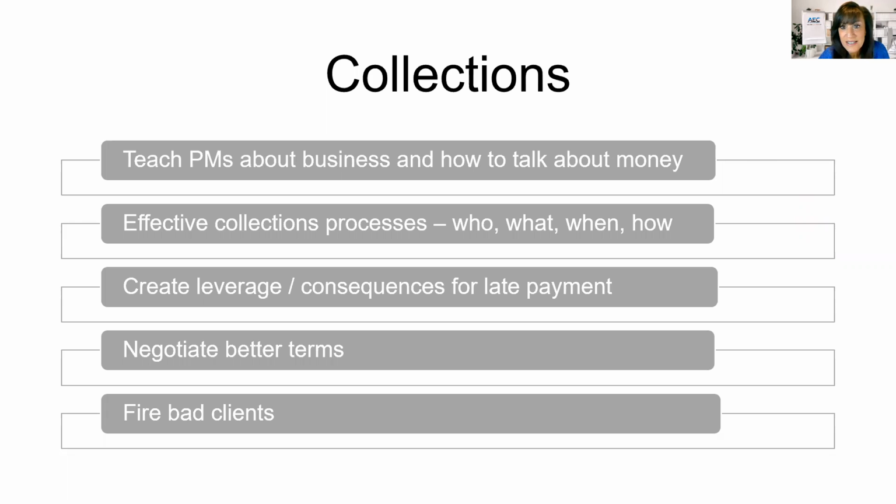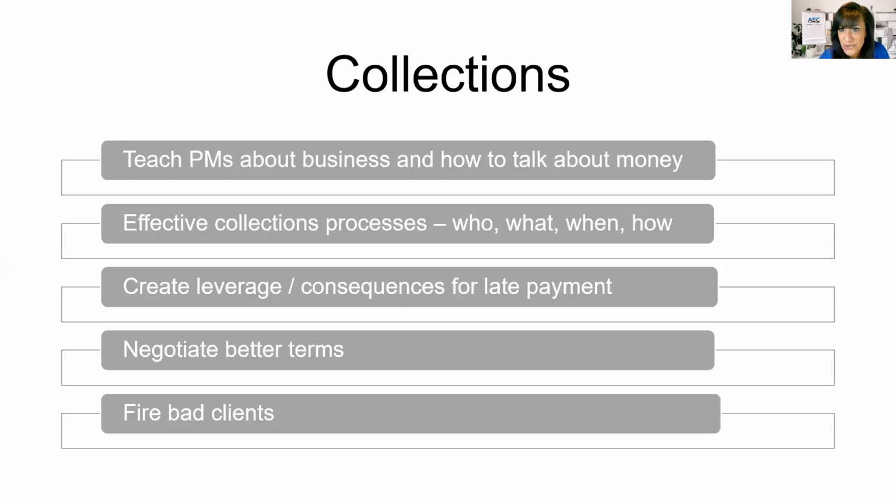The other thing is, your PMs really don't understand how to ask for money and how to talk about it with a client without having it feel like an adversarial conversation. Very often, I was working with one of our clients, a 150-person environmental firm, and they were putting together a new AR process.